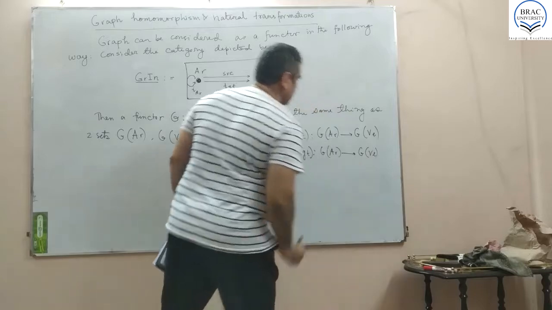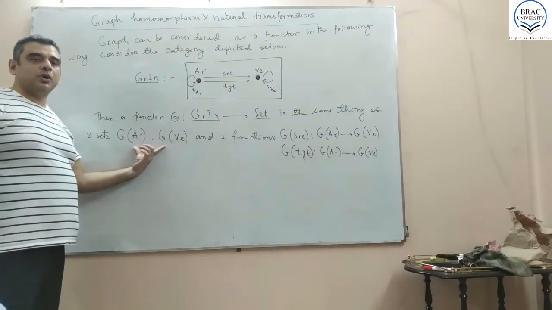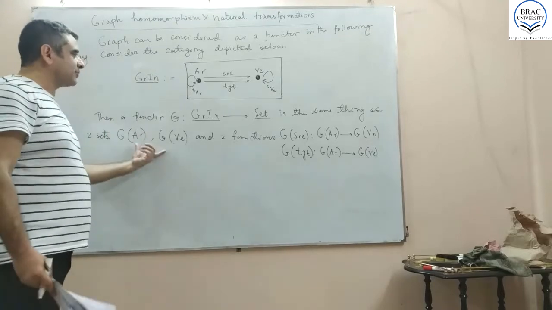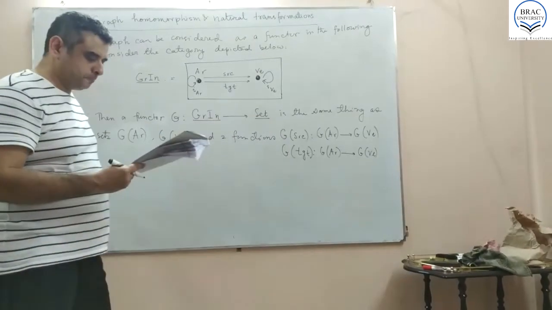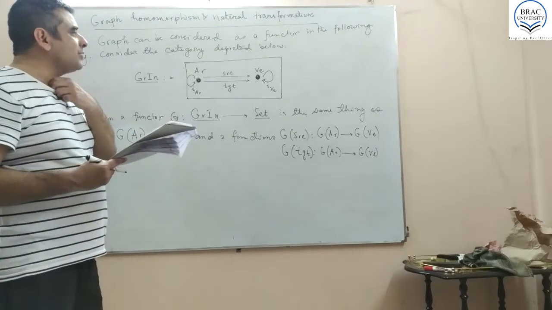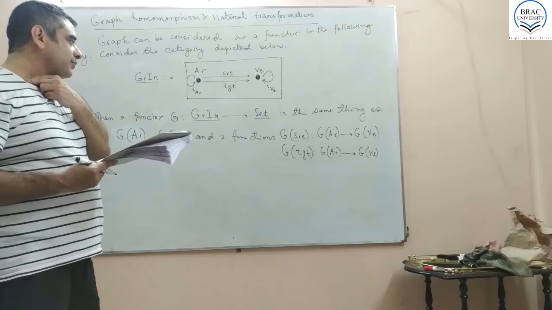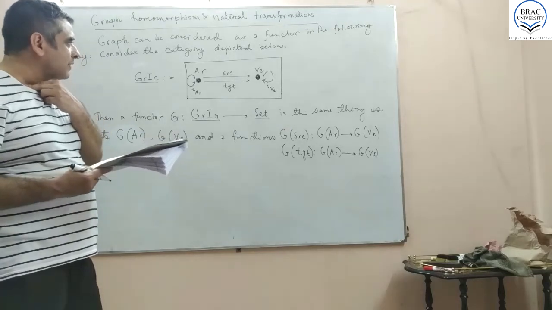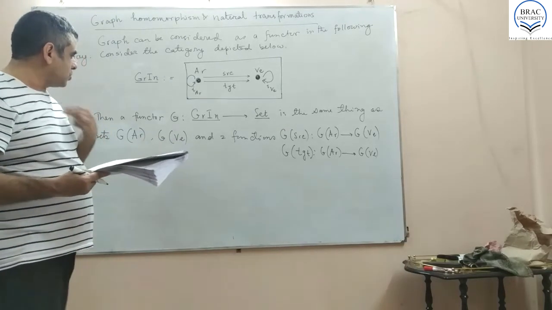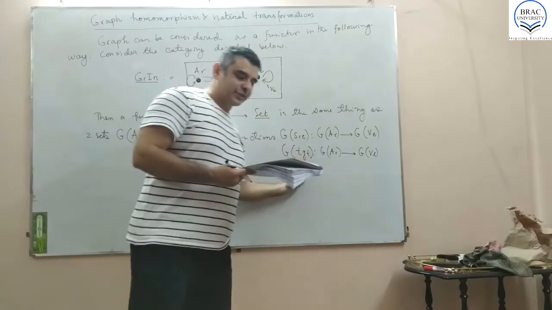Okay, so you have 2 maps and 2 sets in the category of sets. This is precisely what is needed. These are precisely what we need to have a graph, right? The set of arrows, the set of vertices, and the source and target functions.